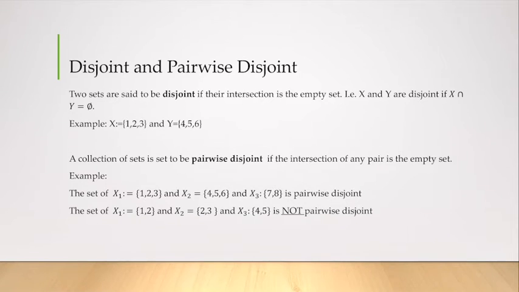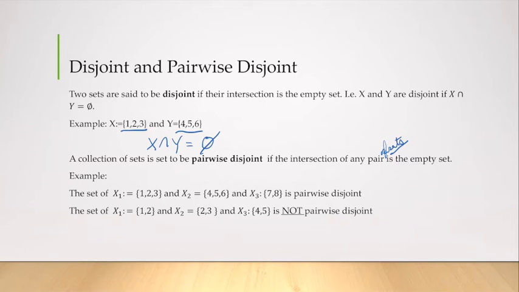So one thing I want to say is that two sets are said to be disjoint if their intersection is the empty set. So here I have X is 1, 2, 3 and Y is 4, 5, 6. These have nothing in common, so their intersection is going to be the empty set. A collection of sets is said to be pairwise disjoint if the intersection of any pair of sets is the empty set.